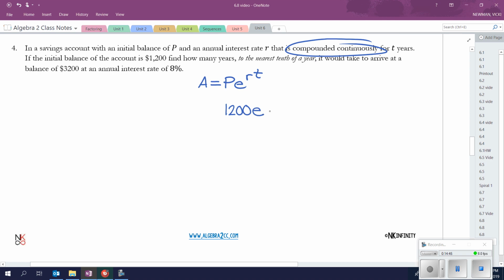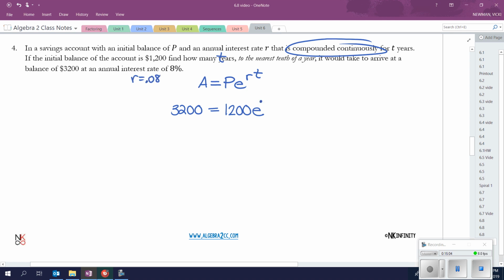Find how many years, so we're solving for T, to the nearest tenth of a year, it would take to arrive at a balance of $3,200 if there's an annual interest rate of 8%. So R is 0.08.